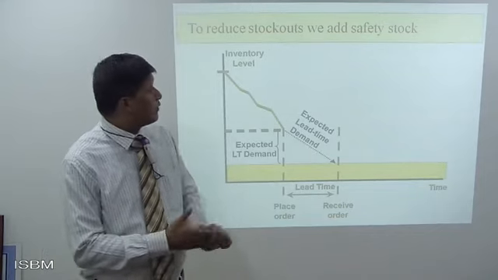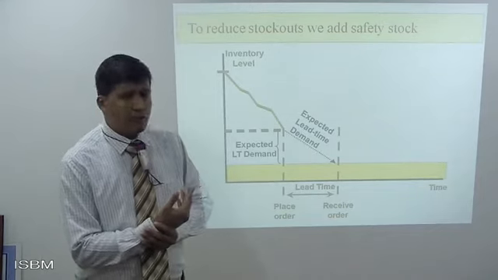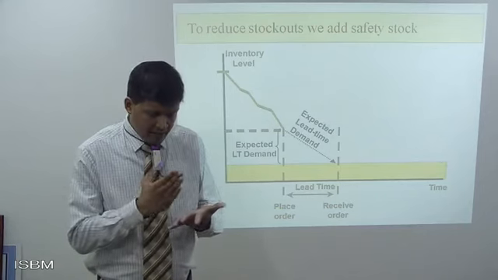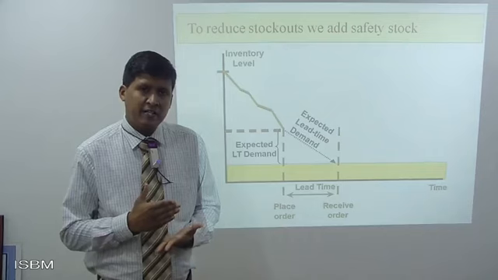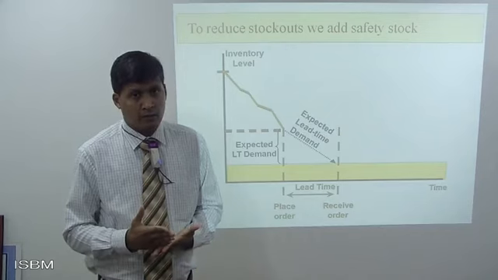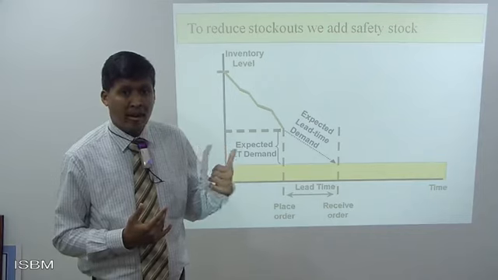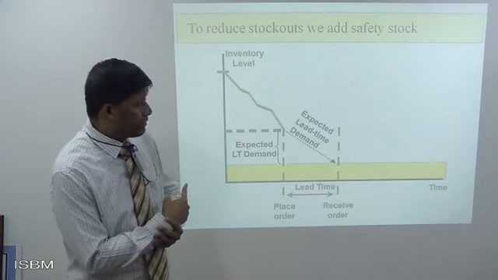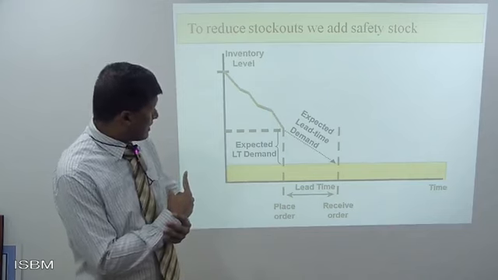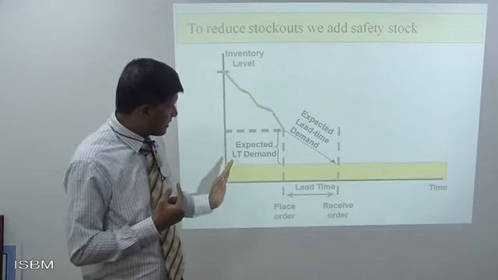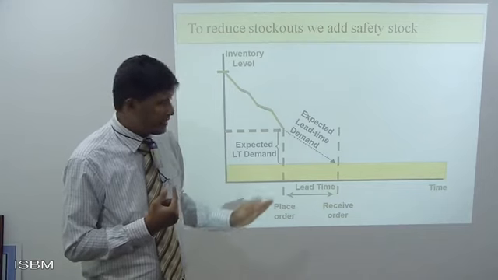Okay, so to reduce stockouts, we add safety stock. Now, when we are discussing inventory management, planning and control, this definitely is how we are planning and controlling it well with the change in demand. So there is an inventory change, the expected demand has dipped or it could be increased.